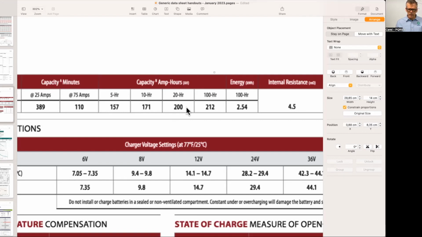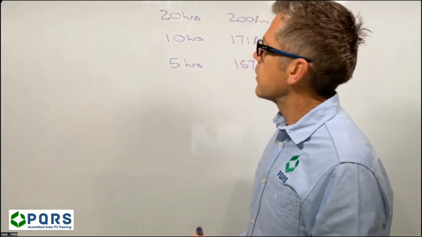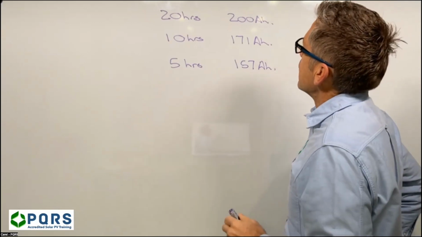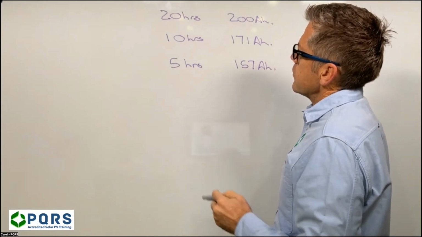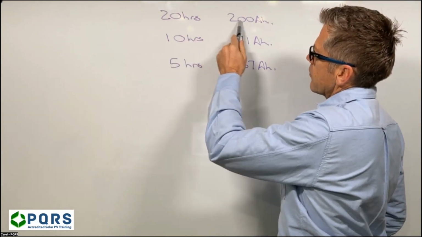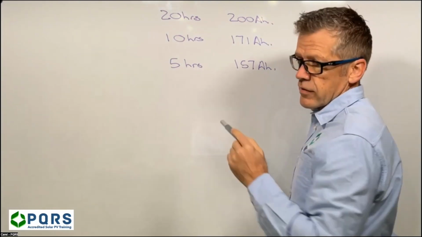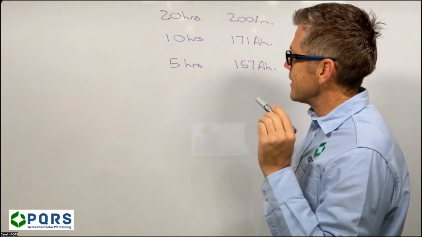We're going to be focusing on the right side of the table. The data sheet gave us three values: a 20-hour value, a 10-hour value, and a 5-hour value. It doesn't give us anything less.